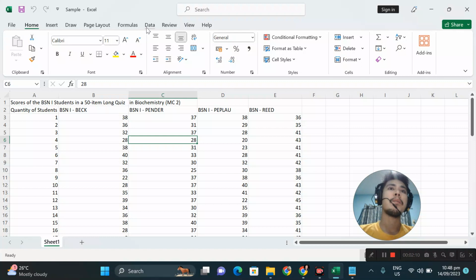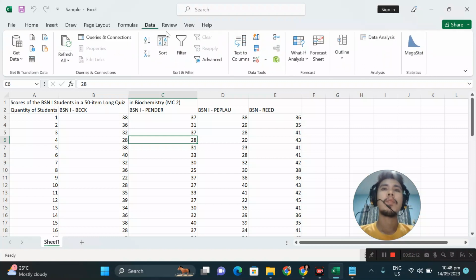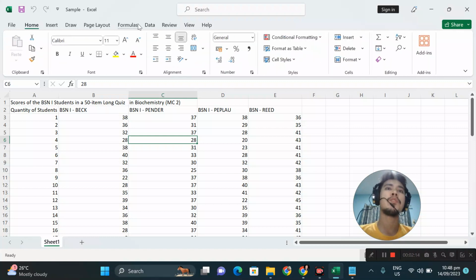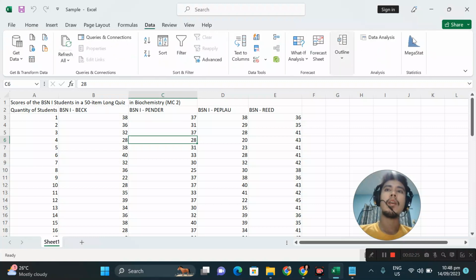First, we have to navigate to the data section, or the data bookmark, of our Microsoft Excel's dashboard, and put our eyes on the right side of the data section.